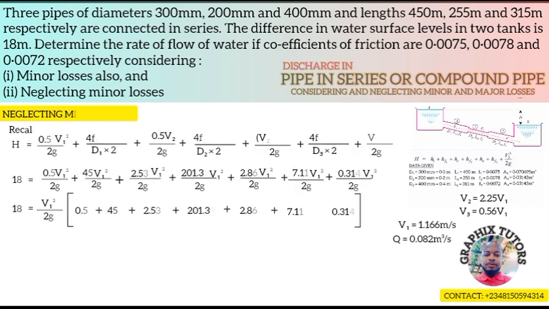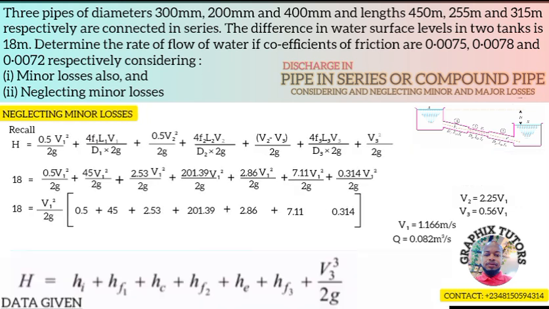Now, if you are not considering minor losses here, what will you do? From here, what's in the bracket is what we have in my equation 1. This is HI, that is head loss at the entrance. This is HF1, that is friction loss in pipe 1, plus this is HC, head loss due to contraction.